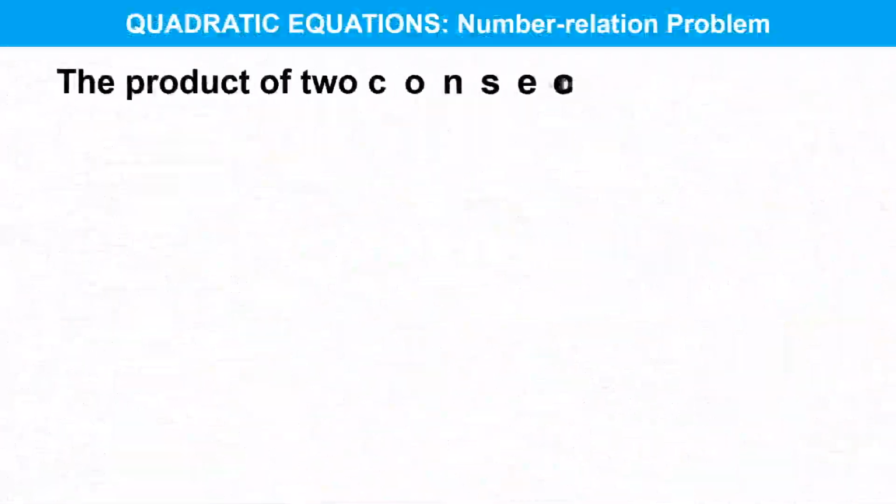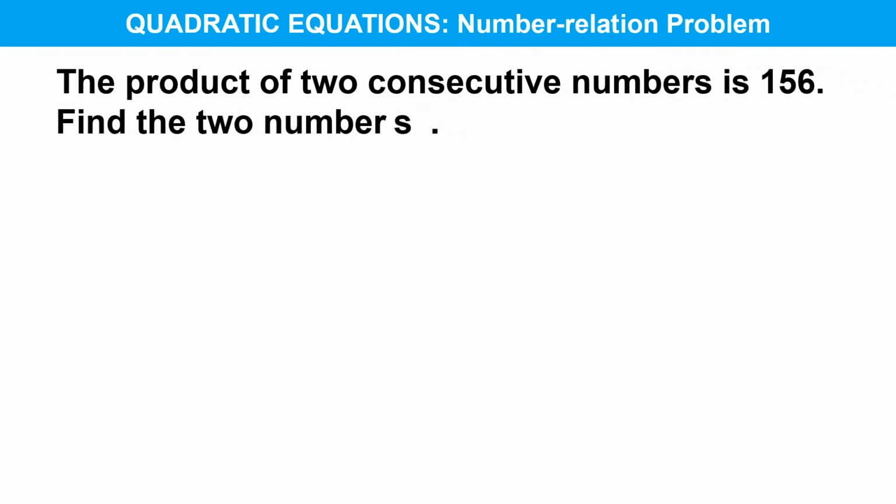Let's have this number relation problem as our first example. The product of two consecutive numbers is 156. Find the two numbers. When we read with understanding, let's identify the given information and be aware of the question.